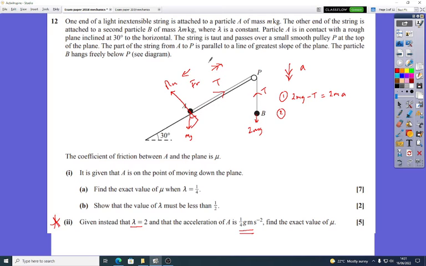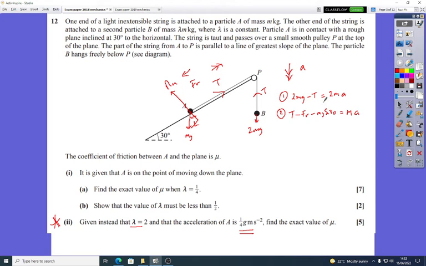So if that's going up that way, this time tension is pulling, going against it. Obviously friction always opposes motion, so friction will definitely be there. And the other thing that's going to be against it is this weight going down, which is mg sine 30, which we know is a half. Okay, and in fact we can call that a half. And that is going to equal the mass times acceleration.